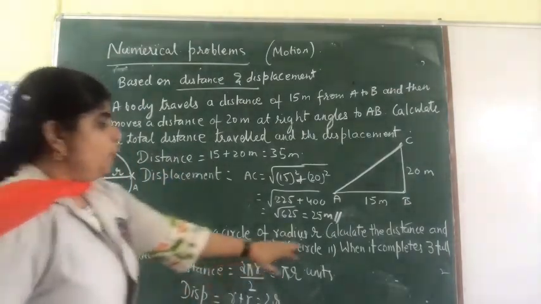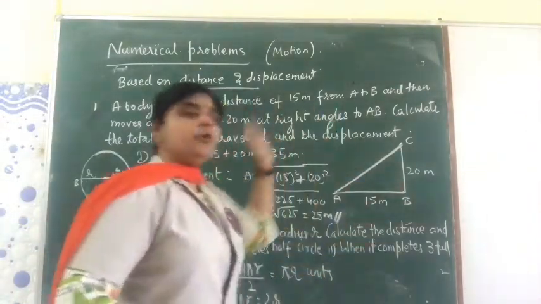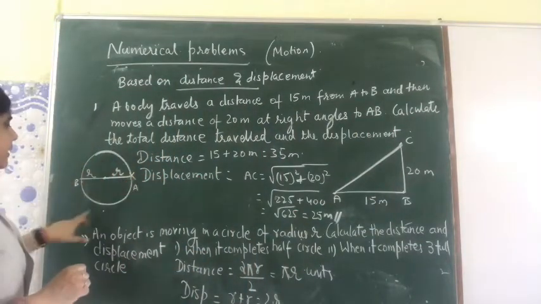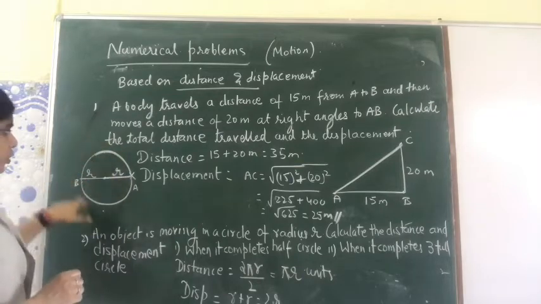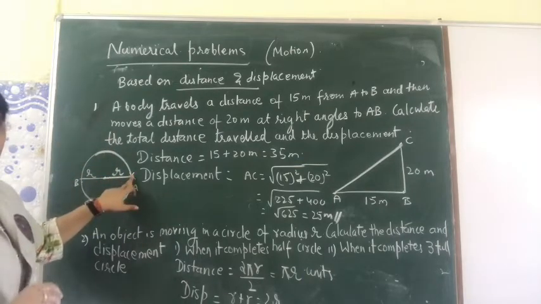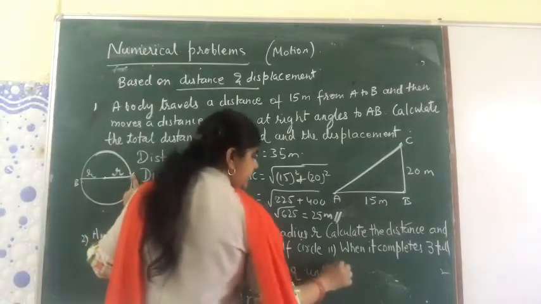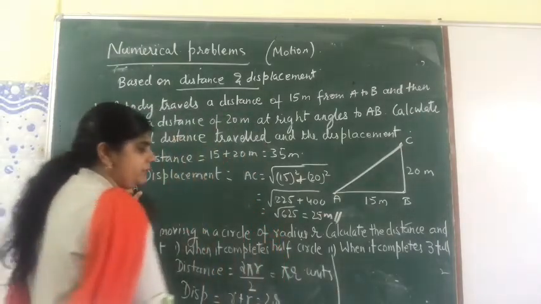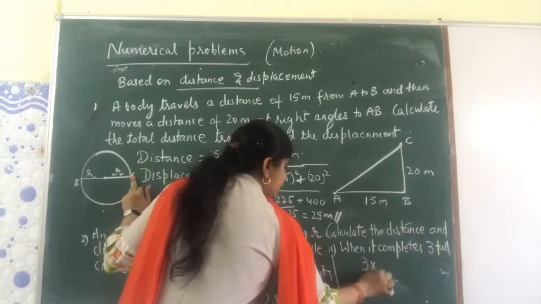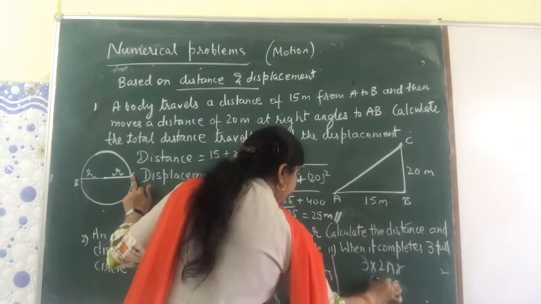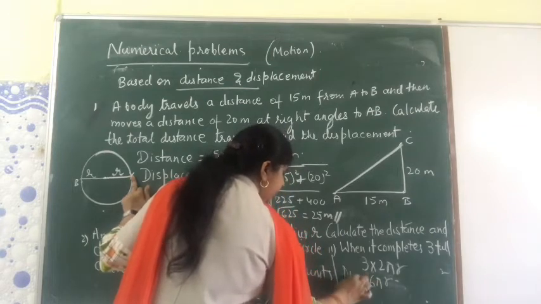Now next, when it completes 3 full rounds. Suppose the particle is here and it is completing 3 rounds, 1, 2 and 3. So how many times is it moving? The distance traveled will be 3 times 2 pi r, and that will be equal to 6 pi r distance traveled, right?